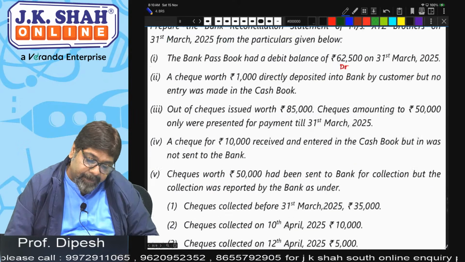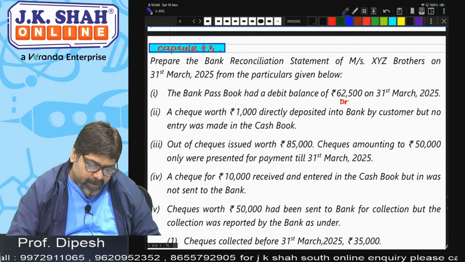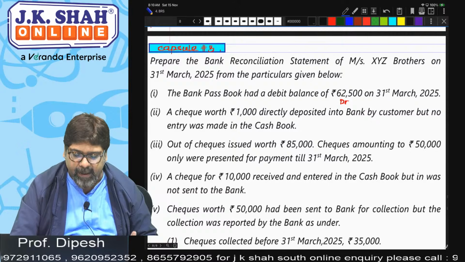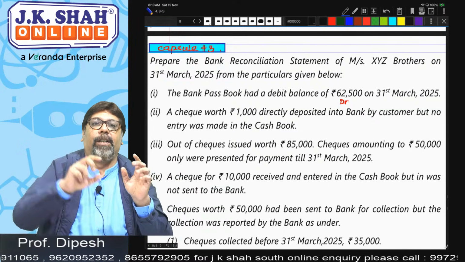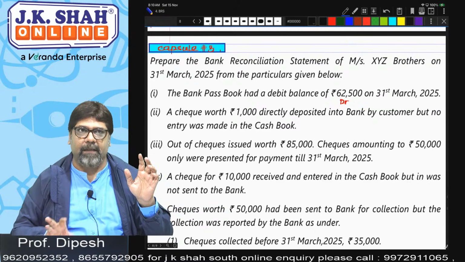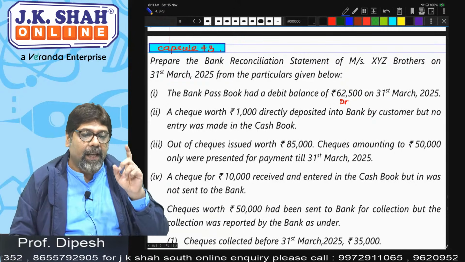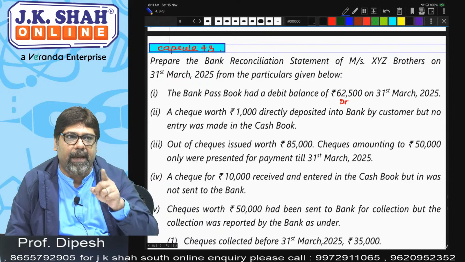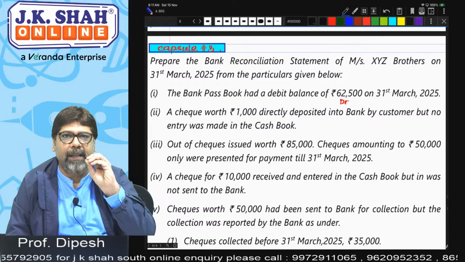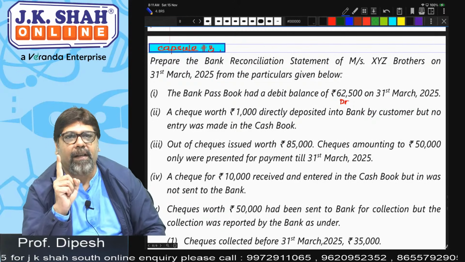Second, okay. Check worth rupees 1,000 directly deposited into the bank by a customer, but no entry was made in the cash book. So a customer directly deposited money in my bank account. If the customer has directly deposited money in my bank account and it is not recorded in the cash book, so in which book is it not recorded?